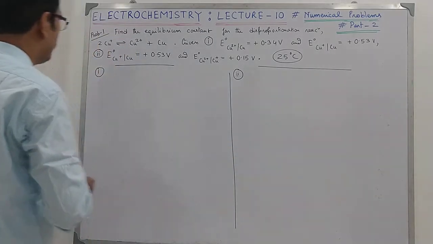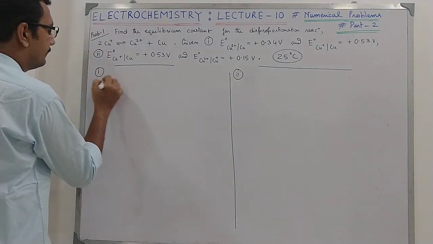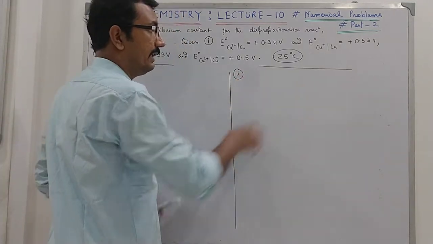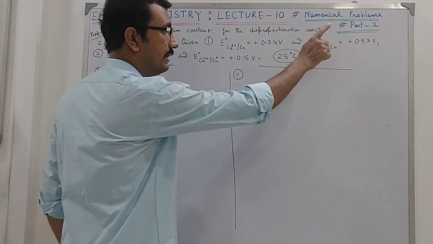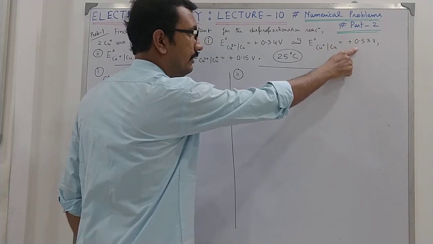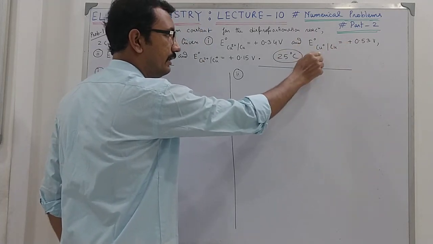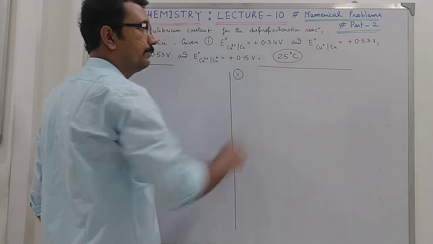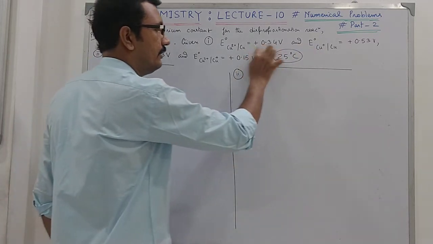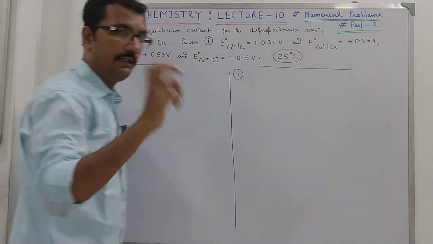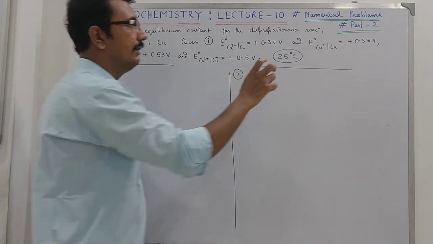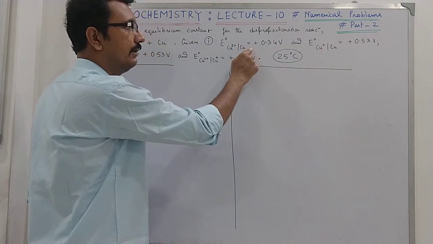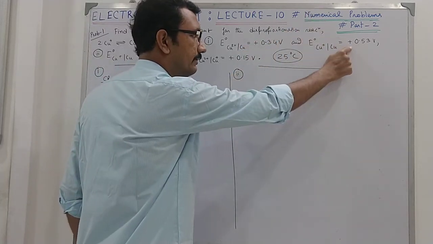So let us first put the cathode reaction. This one will be the cathode, since it has a greater reduction potential, so the tendency of reduction will be greater. So when we connect these two half cells to get a complete cell, reduction will occur in this half cell and oxidation will occur in this half cell. Reduction potential is greater, I am repeating.